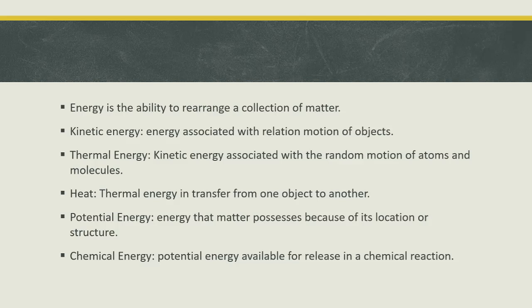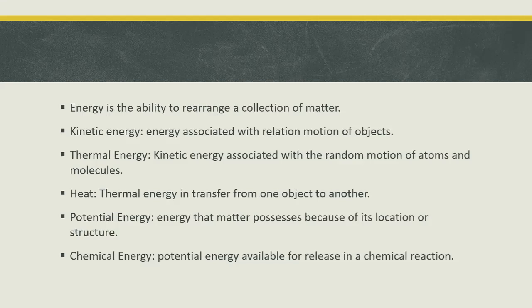I would rather include this one because it actually accounts for many of the biological moments or biological explanations in which we use energy. And again, this also accounts for the ability to do work, because the ability to do work is just referring to moving things around, which is kind of rearranging a collection of matter.